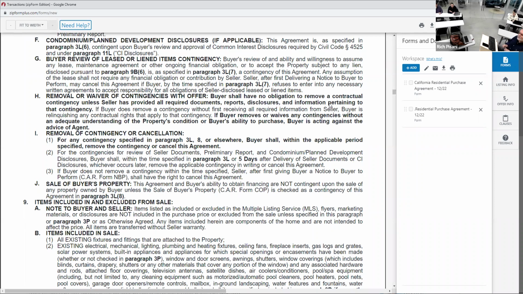So always get in writing an instruction from your buyer: are you ready to remove this? Are you sure? Get it in writing. You want something in writing from a lender saying the loan is approved. Don't say we have until today to remove it, we've got to remove it. Don't say that, unless you're given a notice to perform, which gives you 2 days to perform.